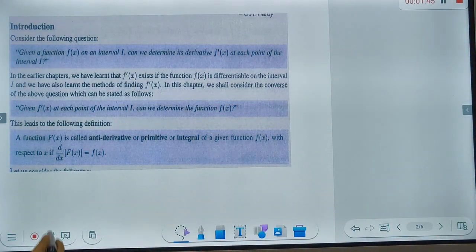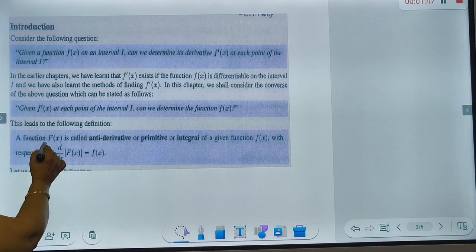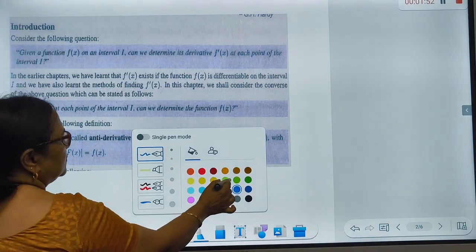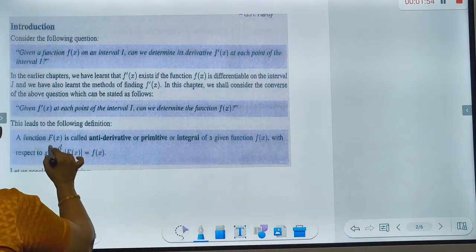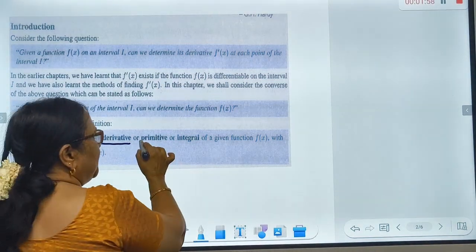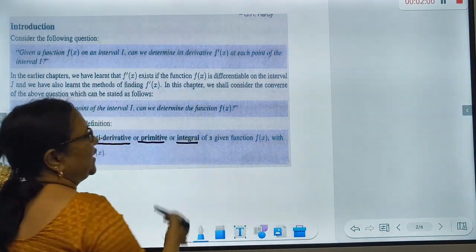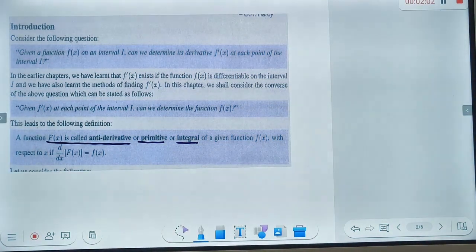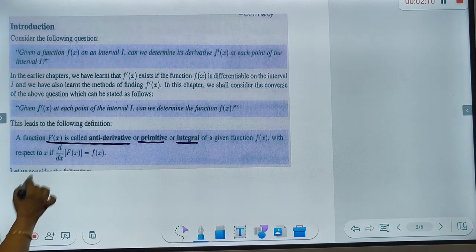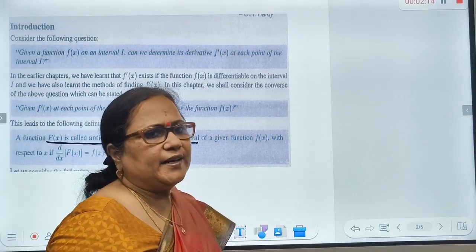Now, a function capital F of x is called antiderivative, primitive, or integral. They are all synonymous. Antiderivative, primitive, or integral of a given function if d capital F by dx is small f of x. So what do we mean by integral?